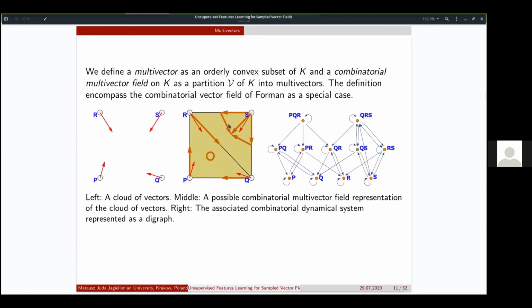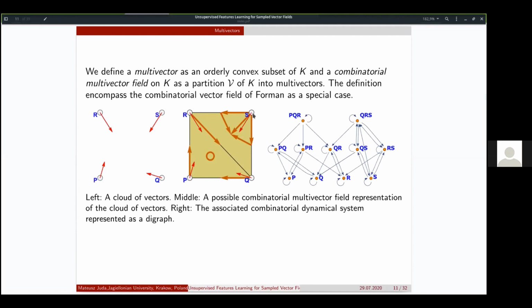And what will happen in vertex S? Now the vector is not pointing directly into the RS edge or QS edge. It's pointing more or less into the interior of the triangle.